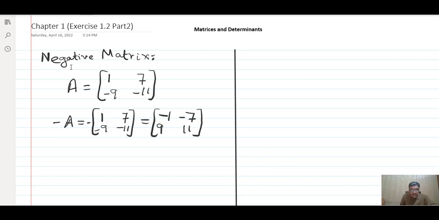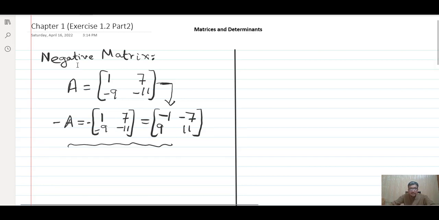So this was the original matrix A and we have changed the signs. The positive entry 1 becomes negative 1, plus 7 is changed to minus 7, minus 9 is changed to plus 9. So this is known as a negative matrix.